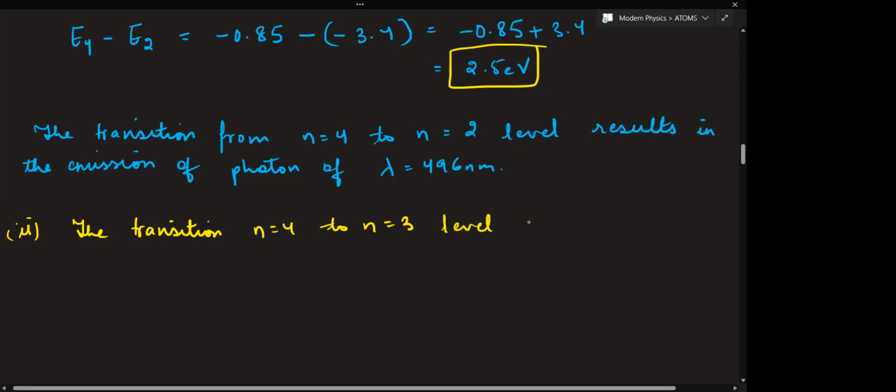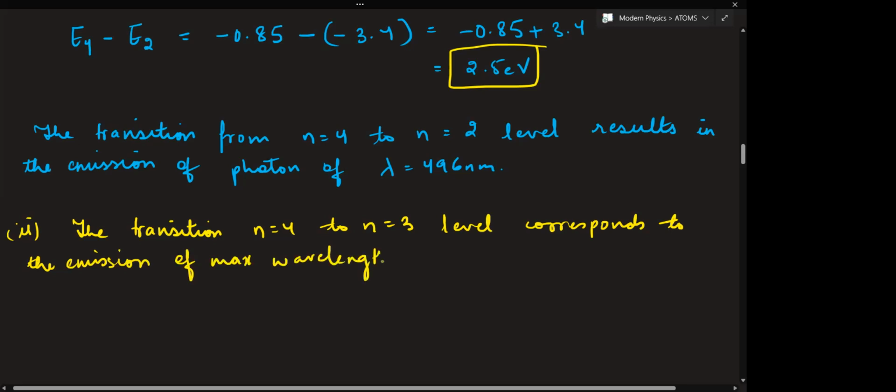This level corresponds to the emission of the maximum wavelength. And why is the wavelength maximum? Because the energy difference is minimum. Fine, Abdullah? Yes, ma'am.